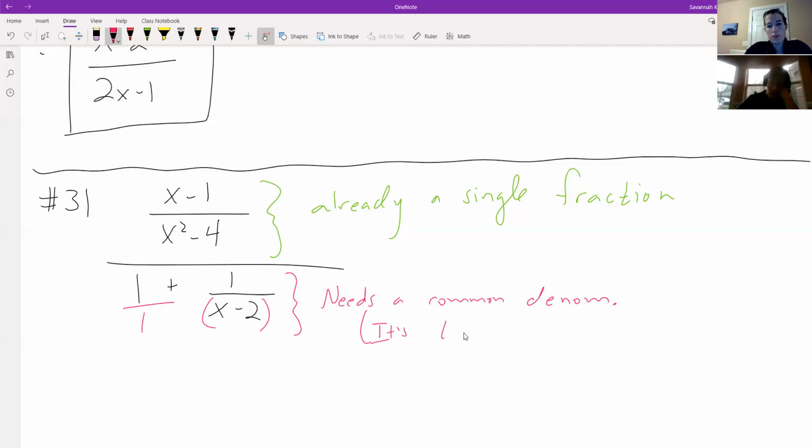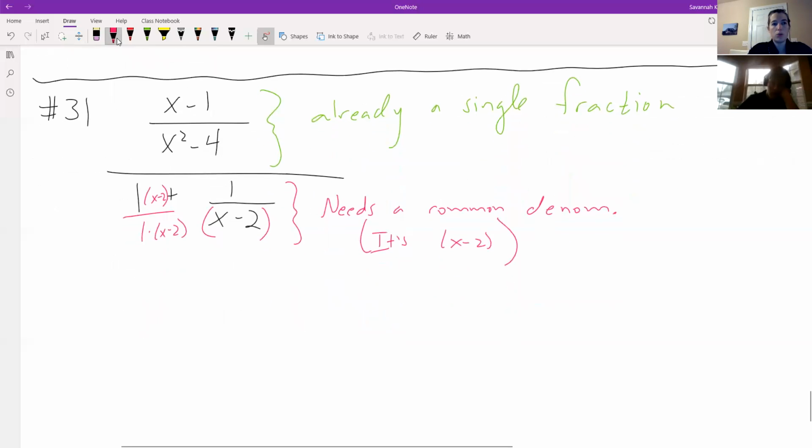So the denominator that I need to create actually is x minus 2, which means I'm going to condense things a little bit here just for time's sake. I can go ahead and fix the fraction that doesn't have the x minus 2.